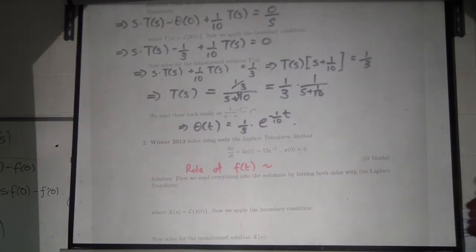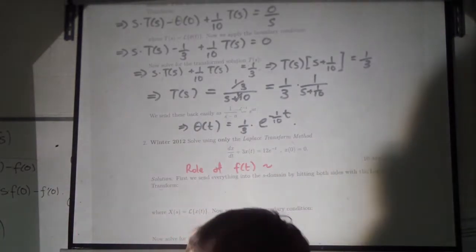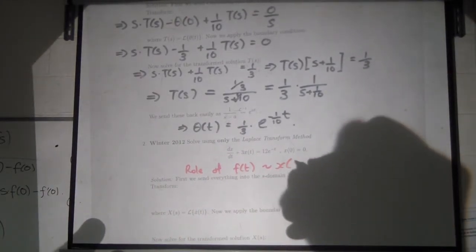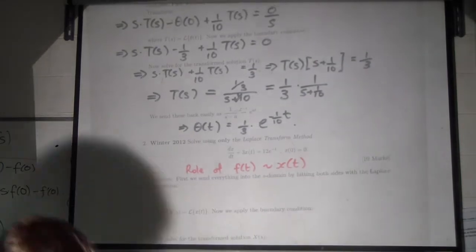I'm looking at the dx/dt, so what's the f here? It's x of t. So whenever you have f's, instead you're going to write x's.